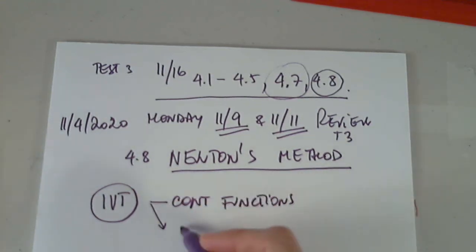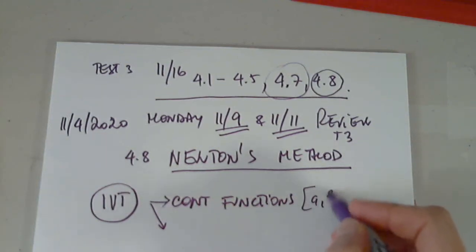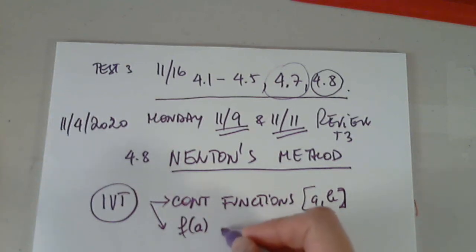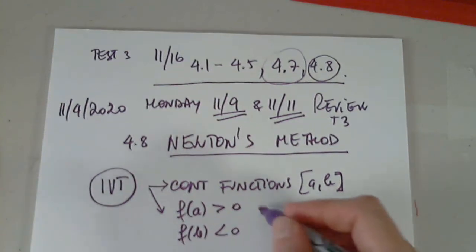that changes sign on an interval, so closed interval a comma b, where f of a, let's say it's positive, and f of b is less than 0, or vice versa.